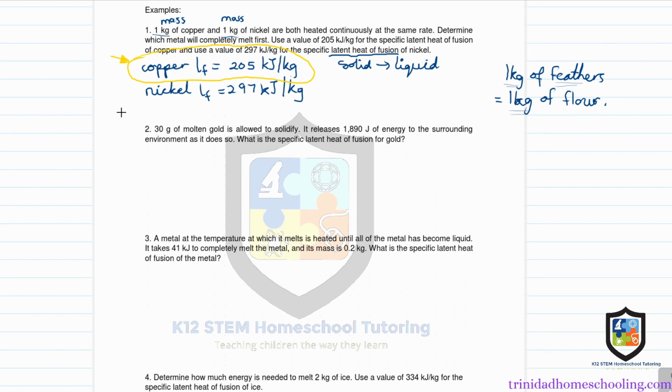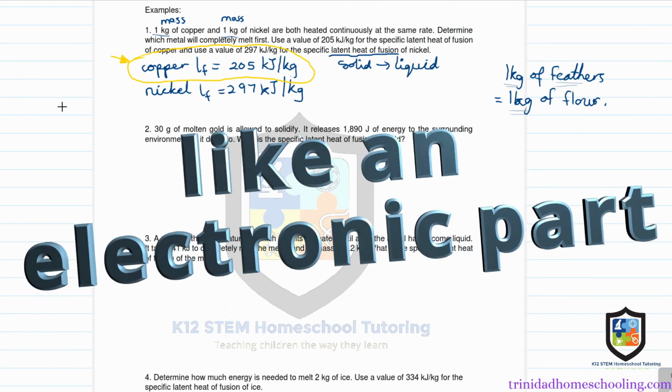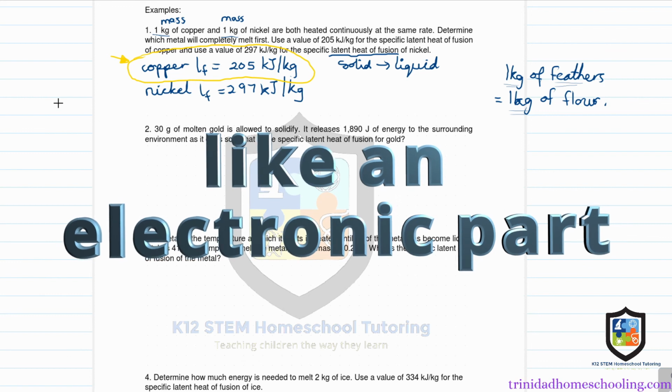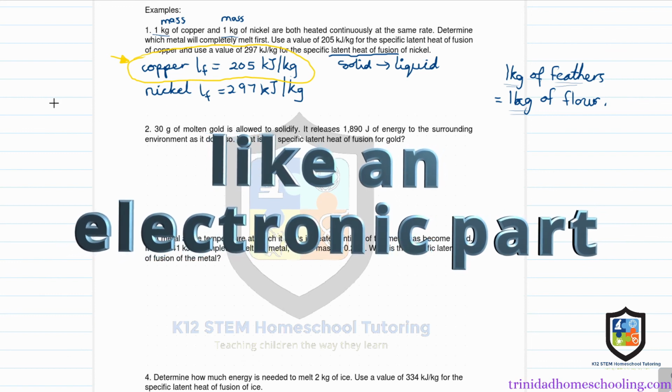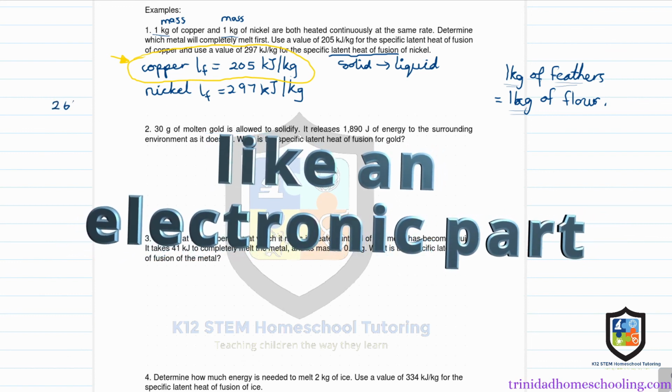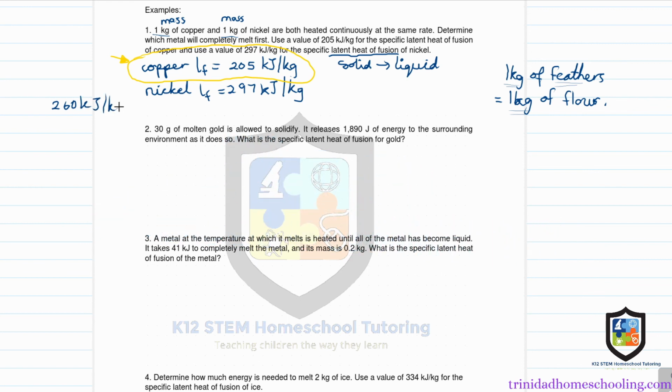So a real-life application of this would be, for example, if we wanted to make a pot and the pot would be exposed to heat energy of, say, 260 kilojoules per kilogram. Which material would we choose to make that pot out of?